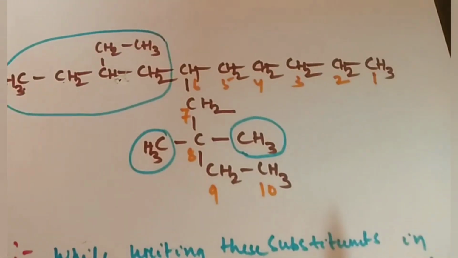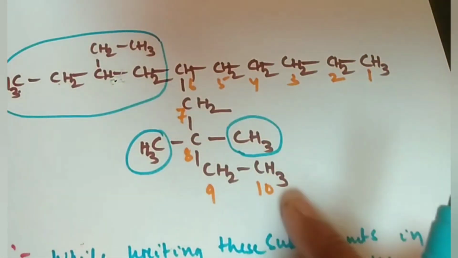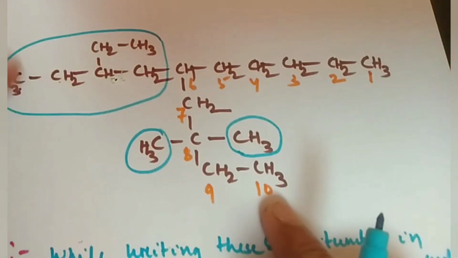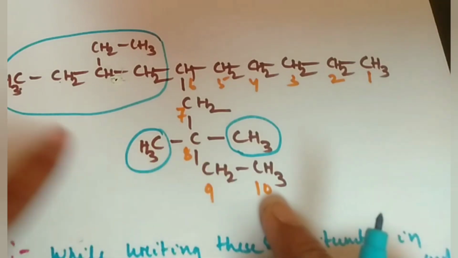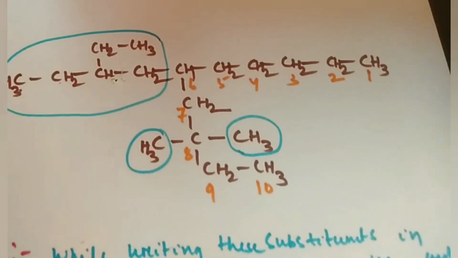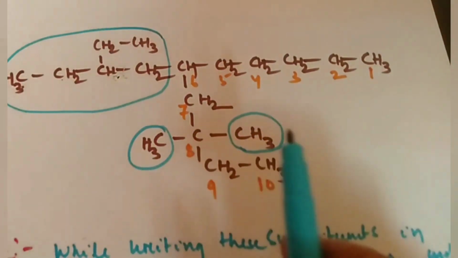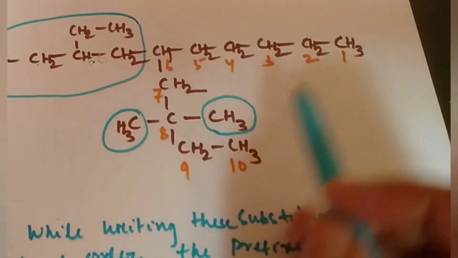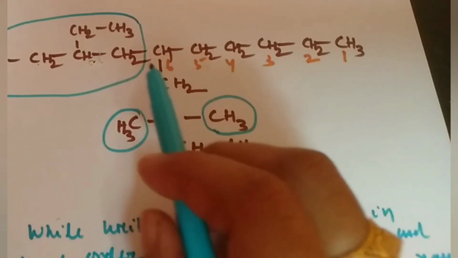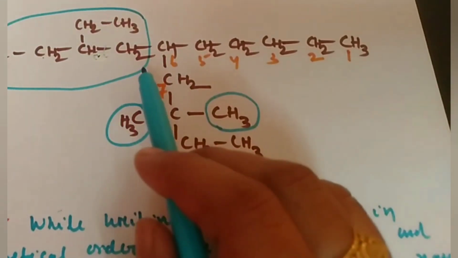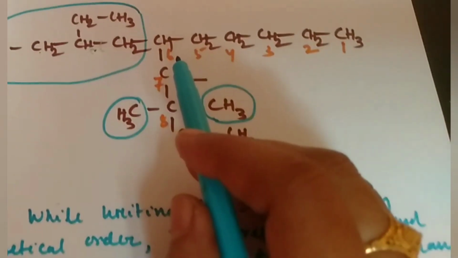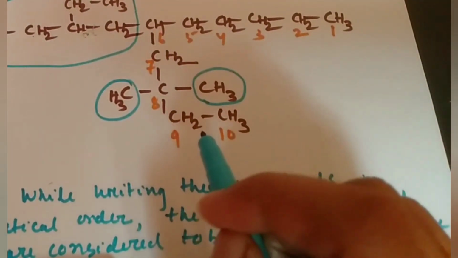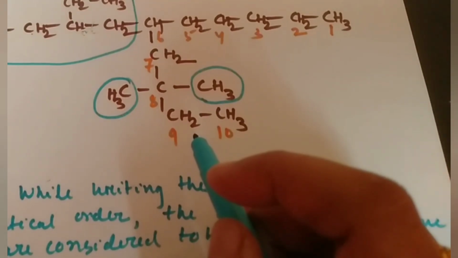If you go like this, the maximum number of carbon atoms is 10 and the maximum number of substituents is 3. But there is another point you have to observe: if you proceed from right to left, the first substituent comes at the 6th position. But we have to give the lowest locant to the substituent while choosing the longest continuous chain or parent chain.